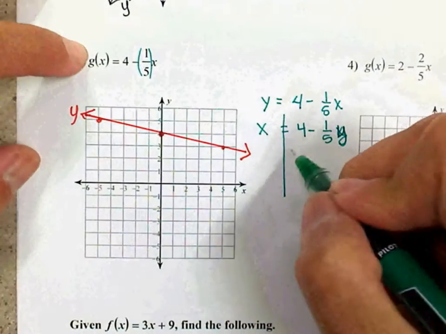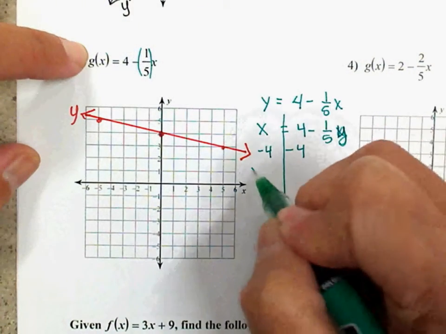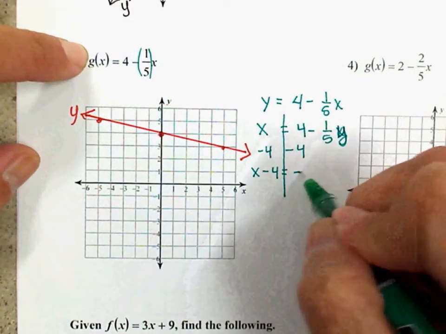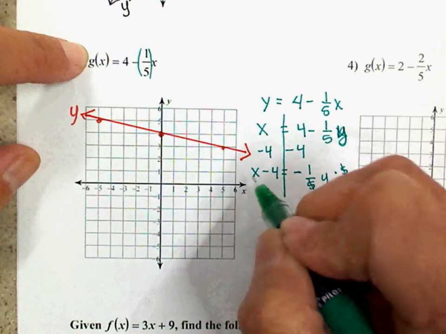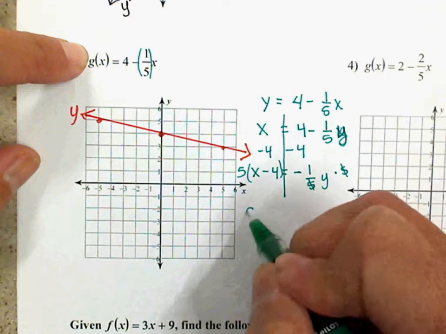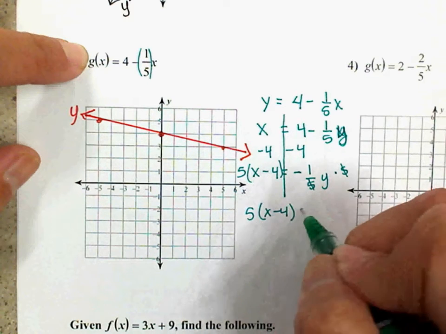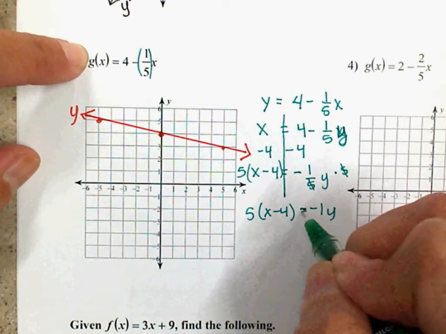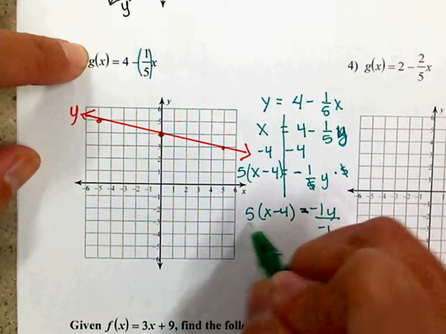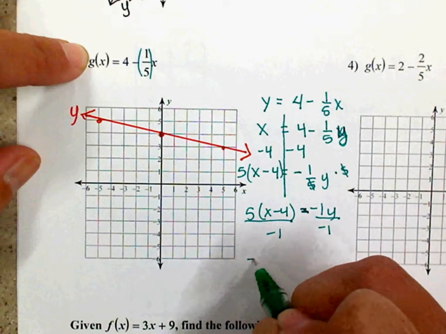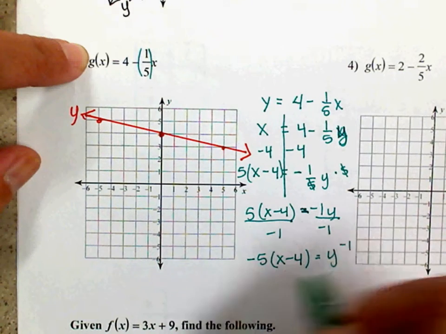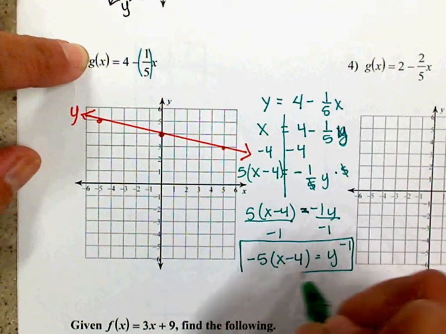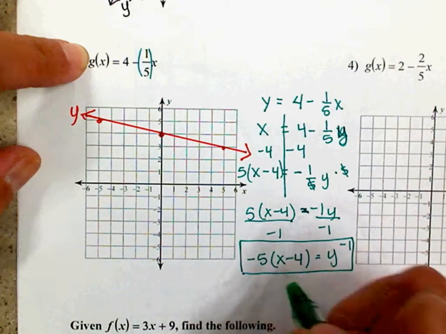Subtract 4, so x minus 4 equals negative 1 over 5y times 5, the whole thing times 5. 5 parentheses, x minus 4 equals negative 1y. Divide each side by negative 1, so it'll be negative 5 parentheses x minus 4 equals y. Add your negative 1, because positive divided by negative is a negative.